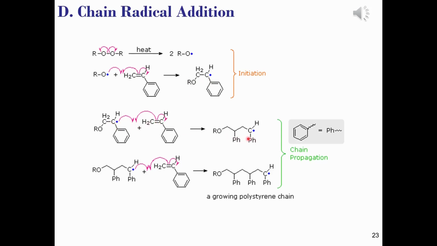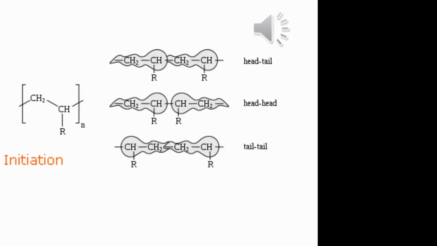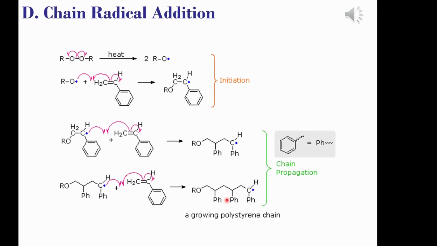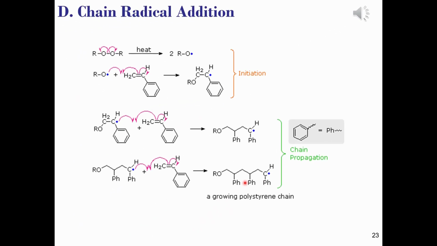Since carbon radicals are stabilized by substituents of many kinds, there is a preference for head-to-tail regioselectivity in most addition polymerizations. Because radicals are tolerant of many functional groups and solvents, including water, radical polymerizations are widely used in the chemical industry.